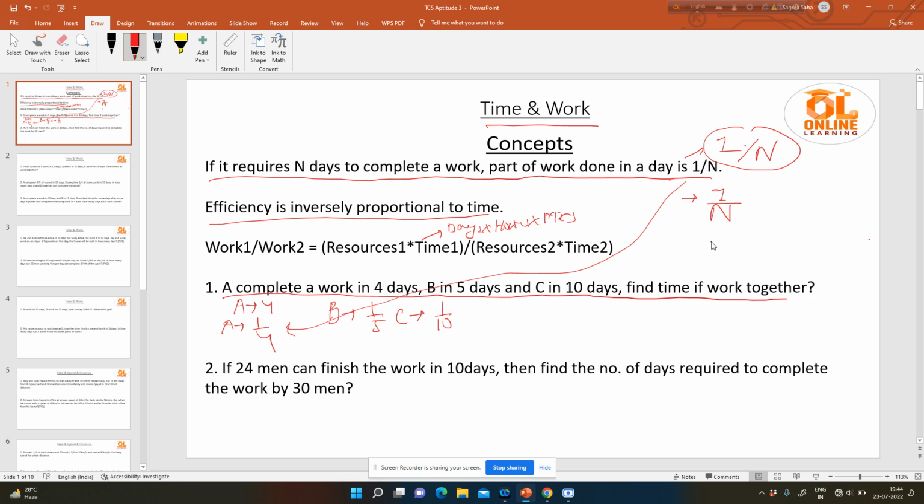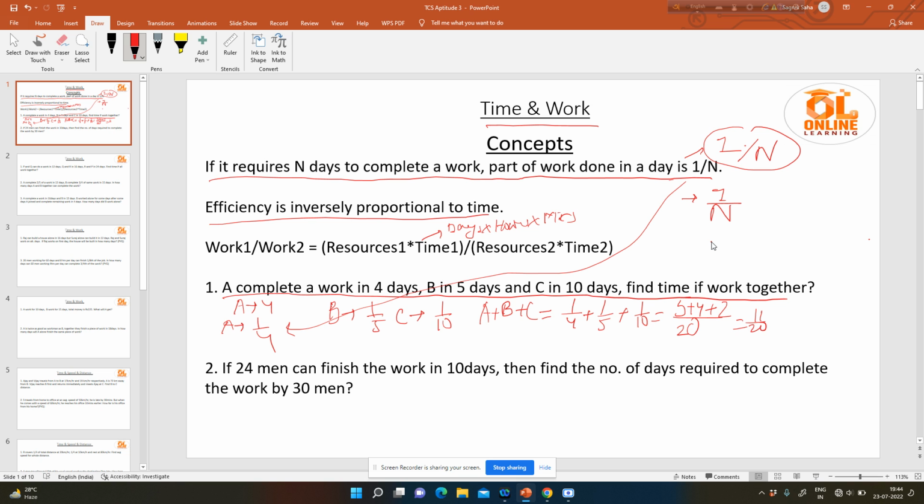The amount of work done by all of them together in 1 day is A plus B plus C, equal to 1 by 4 plus 1 by 5 plus 1 by 10. Let's take the LCM, which is 20. 4 5s are 20, 5 4s are 20, 10 2s are 20. It would be 5 plus 4 is 9, plus 2 is 11.